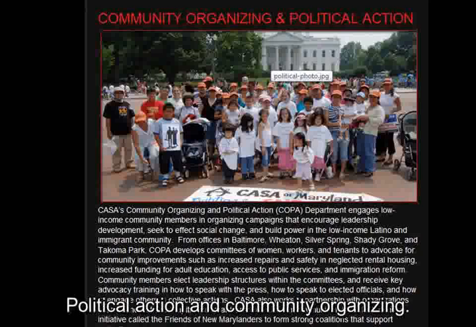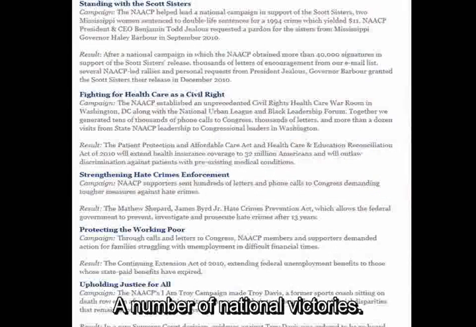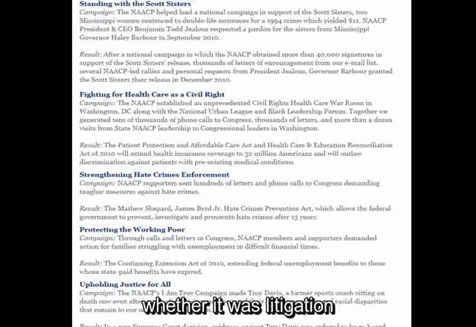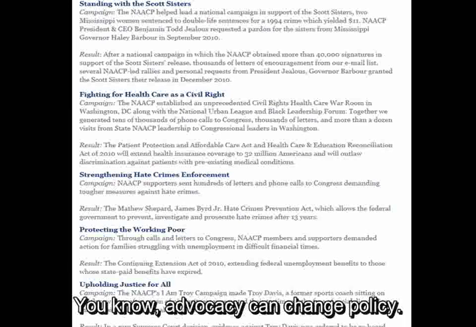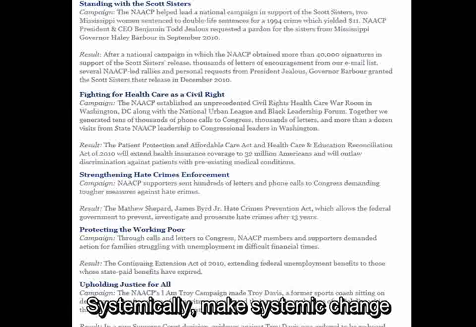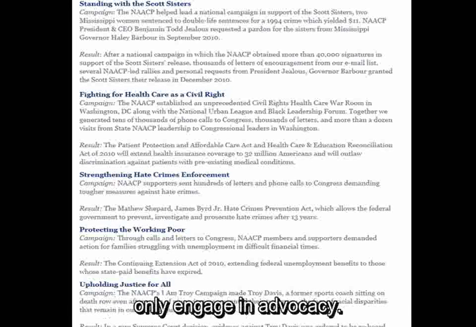Here we have political action and then community organizing. And then a number of national victories that the NAACP had on a lot of different advocacy agendas that they engaged in, whether it was litigation or the Affordable Care Act. Advocacy can change policy and make systemic change when we engage in it.